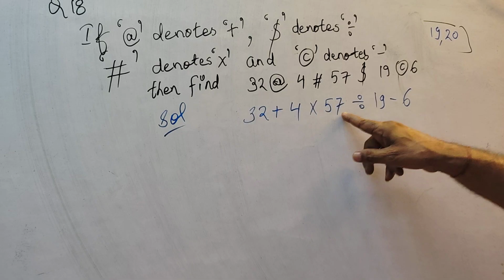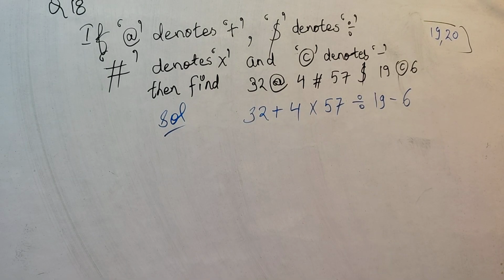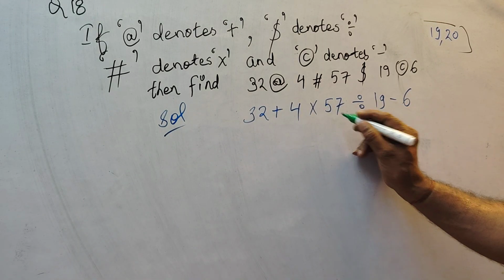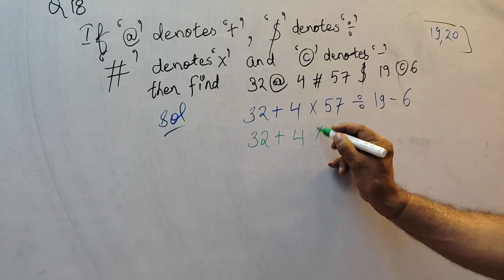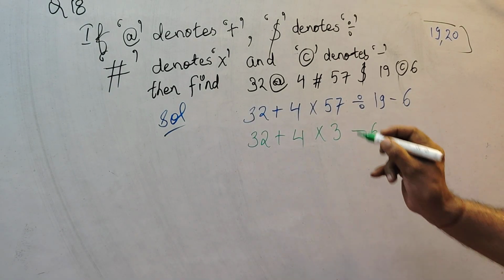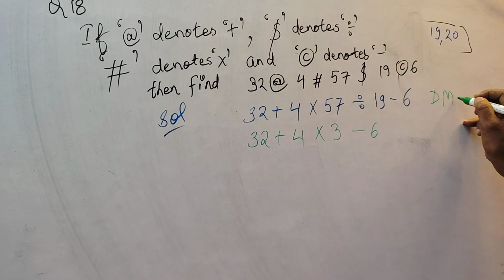Now simplify. So here we divide first. 57 divide 19. How many times will it divide? It divides 3 times. Rest of the terms we write as it is. Now after divide we use multiply.